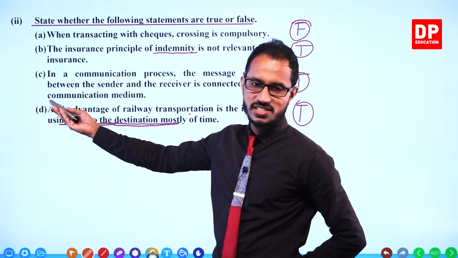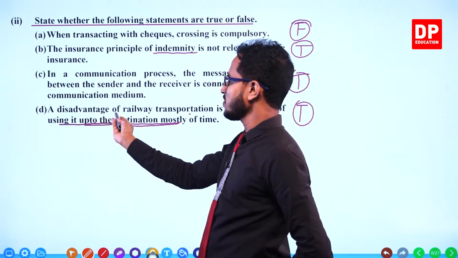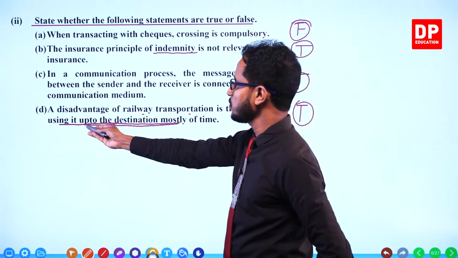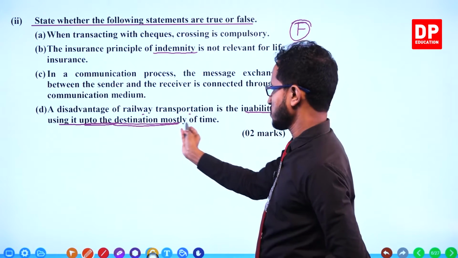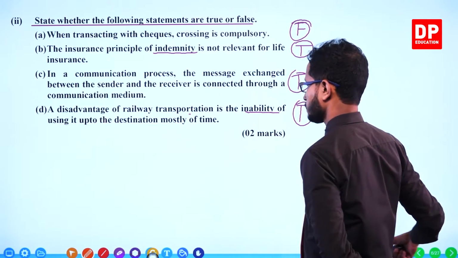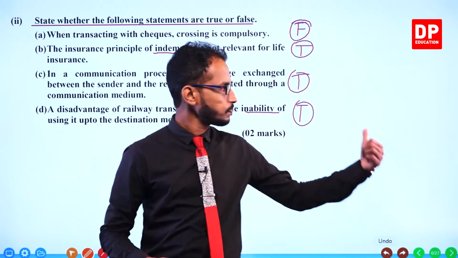You can't go to the destination. So that is the disadvantage of railway transport, the inability to go up to the destination. That is true. Okay.